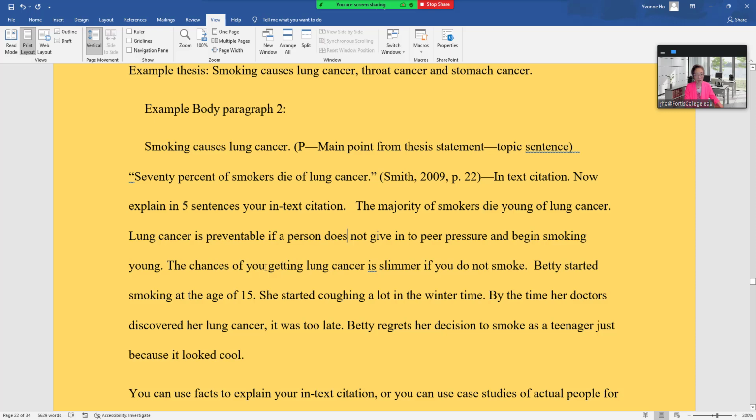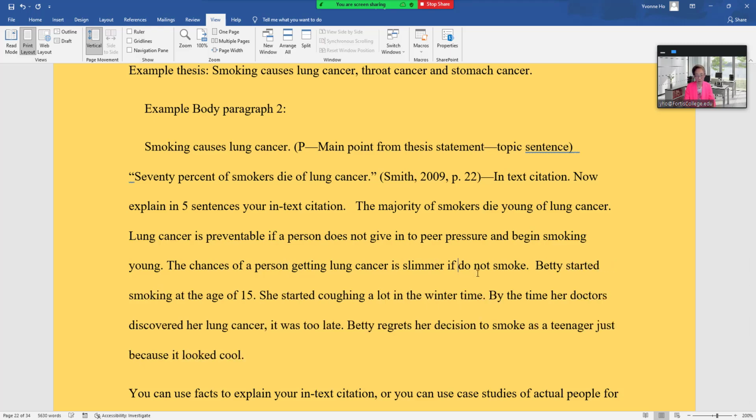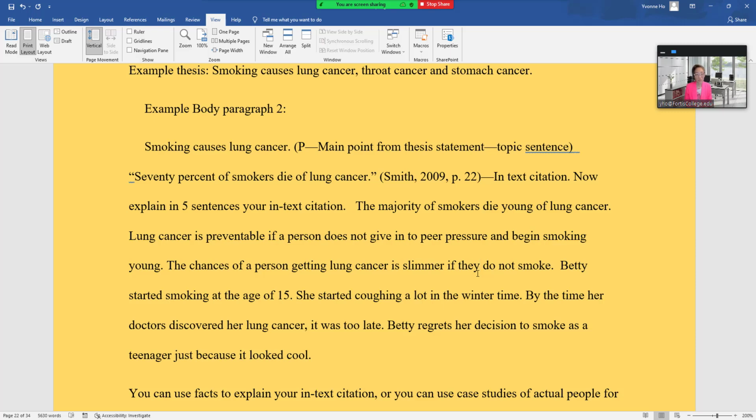The chances of a person getting lung cancer is slimmer if they do not smoke. Notice how it sounds so much more professional. I think I took out all the you's.